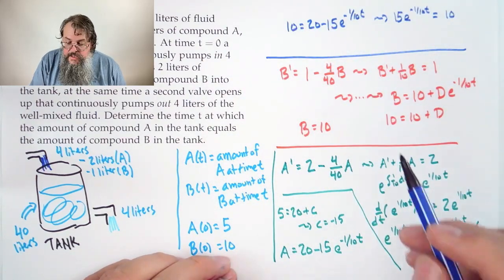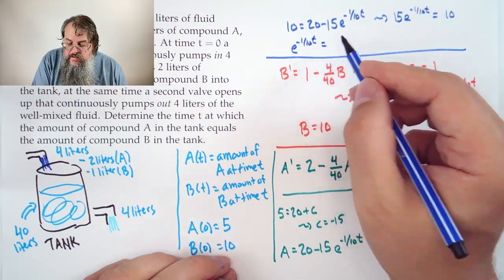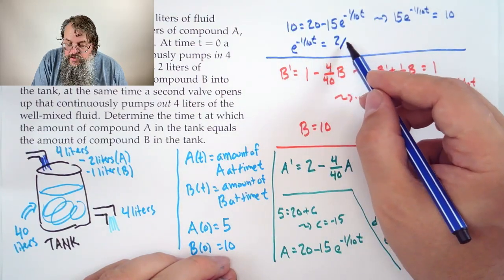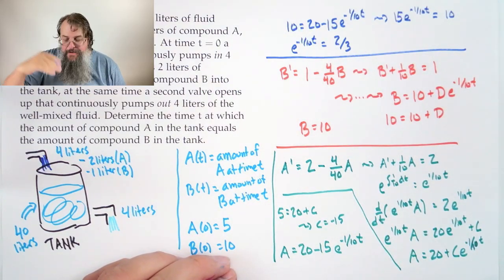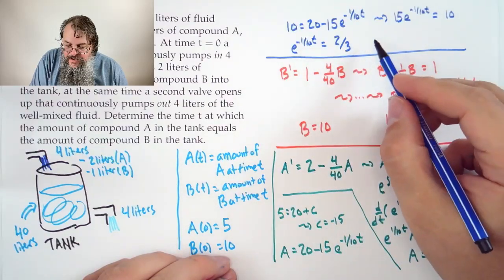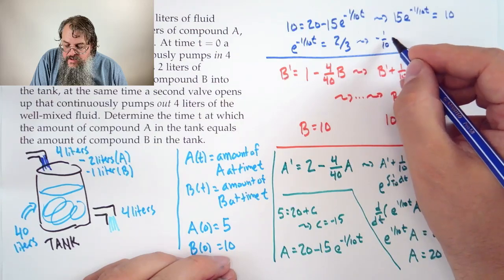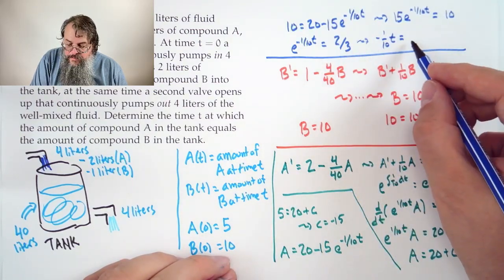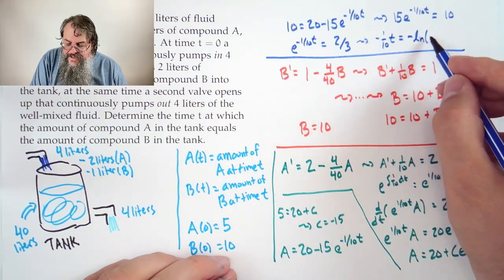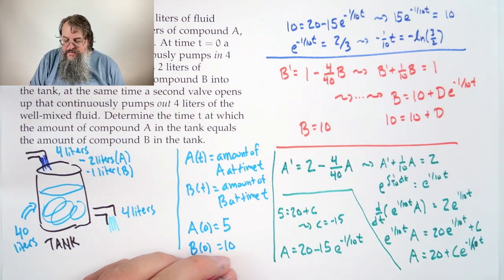Divide by 15, e to the minus 1/10 t is equal to 2/3. 10 over 15, pull out a 5. Take a natural log. You get minus 1/10 times t is natural log of 2/3, which, by the way, is minus the natural log of 3/2, because if you flip, you put a minus in front.